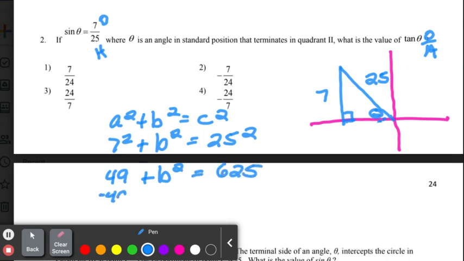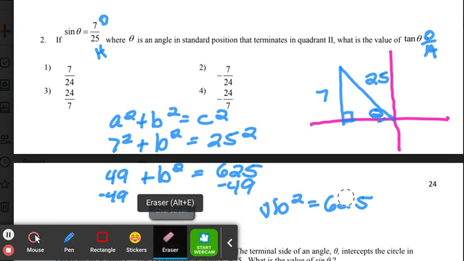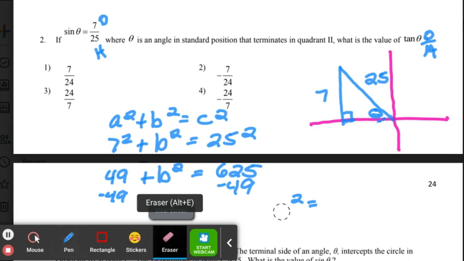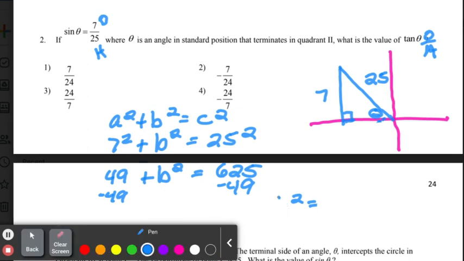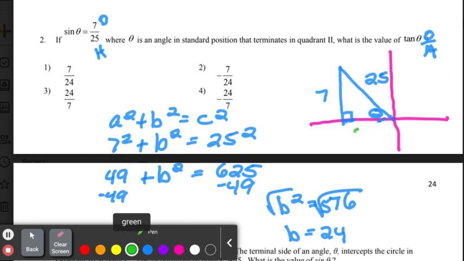I'm going to minus 49 from both sides. So b squared is 576. When you square root that, you get b equals 24. So I'm going to put that 24 right here.